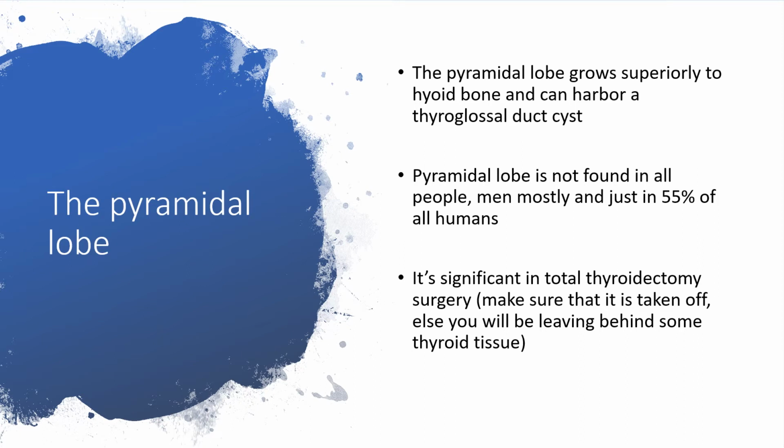It is significant when the surgeon is about to carry out a total thyroidectomy, because he or she will make sure that it is taken off, or else you will be leaving behind some thyroid tissue. So when someone says, I had a total thyroidectomy, if the pyramidal lobe is still left down there, then it's not total.